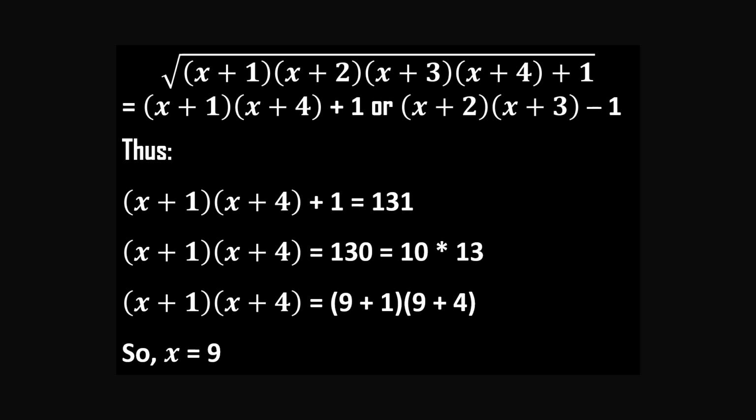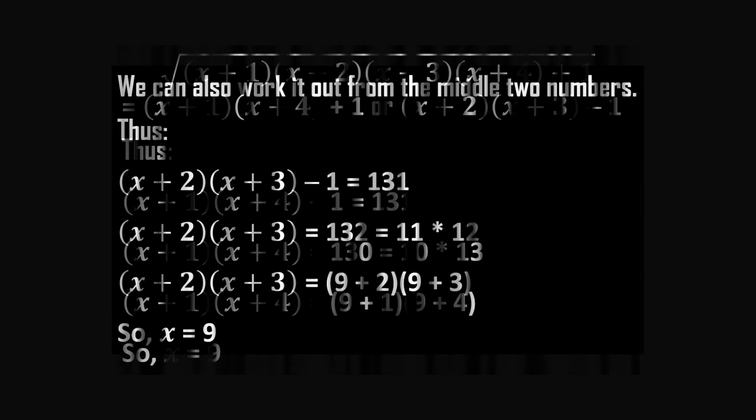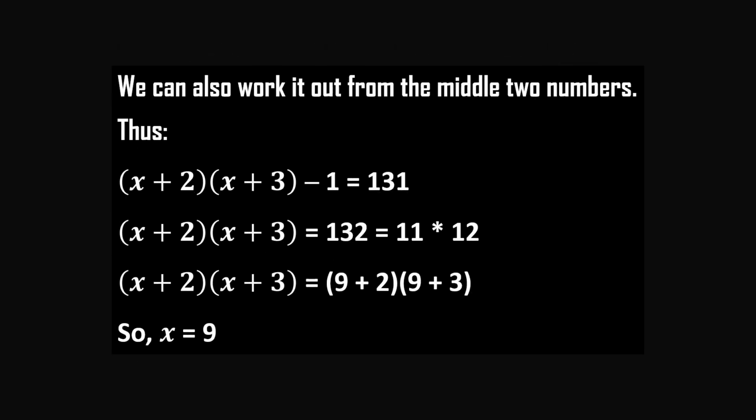Now let us verify this by working out from the middle two numbers. The middle two numbers are x plus 2 and x plus 3, but this time it will not be plus 1, it will be minus 1. If we take the first and the last, it will be plus 1. If we take the middle two numbers, it will be minus 1. So minus 1 gives you 131.